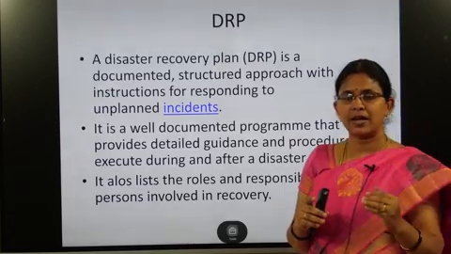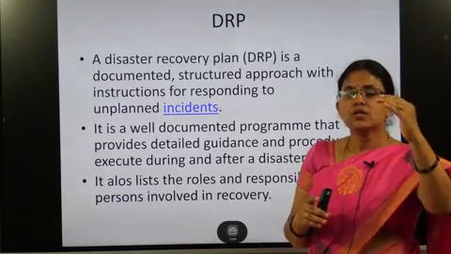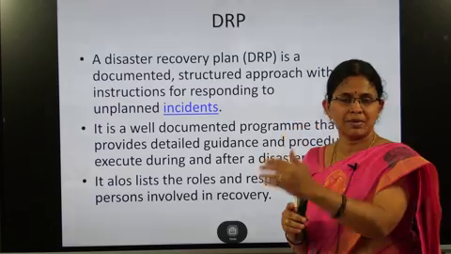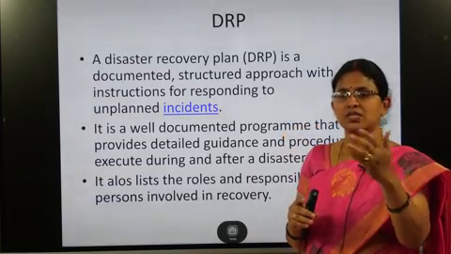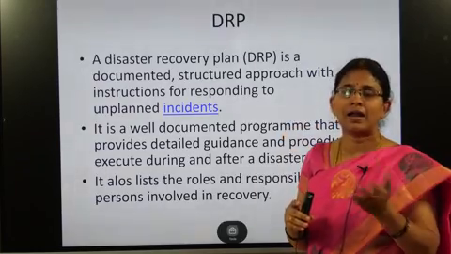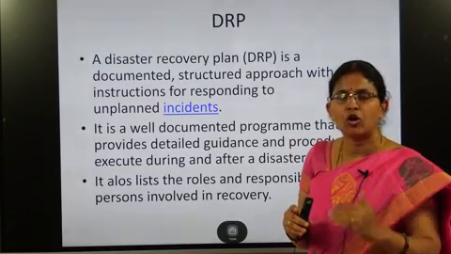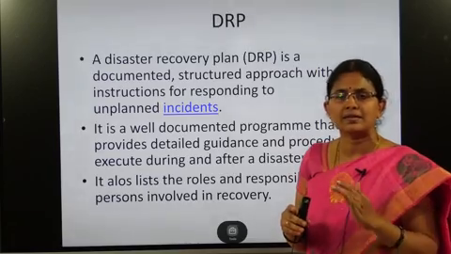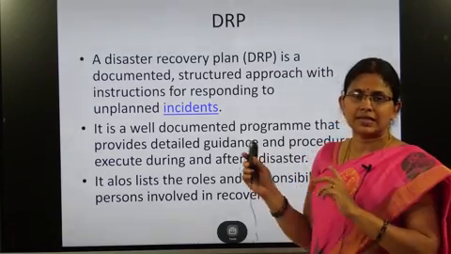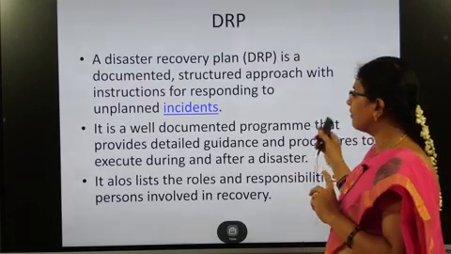If a situation occurs, what remedies do you have to take, what are the procedures, and how do you have to be pre-planned for this incident? Like that you prepare complete documentation for those unplanned incidents. That's nothing but the disaster recovery plan.